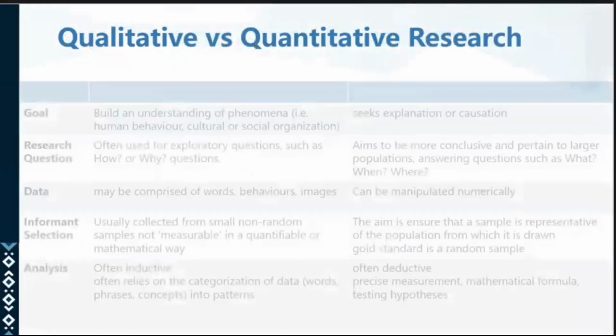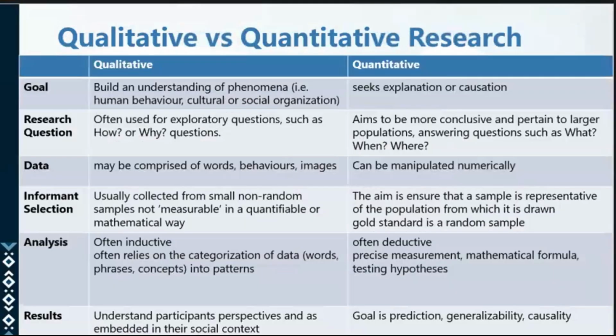Instead of statistical analysis. Before we go to the steps in conducting a qualitative research, I want us to understand the differences between qualitative research and quantitative research. One of the differences is in terms of the goal. Qualitative research builds an understanding of a phenomenon, human behaviors, and cultural and social organization, while quantitative research seeks explanations and at times causations.